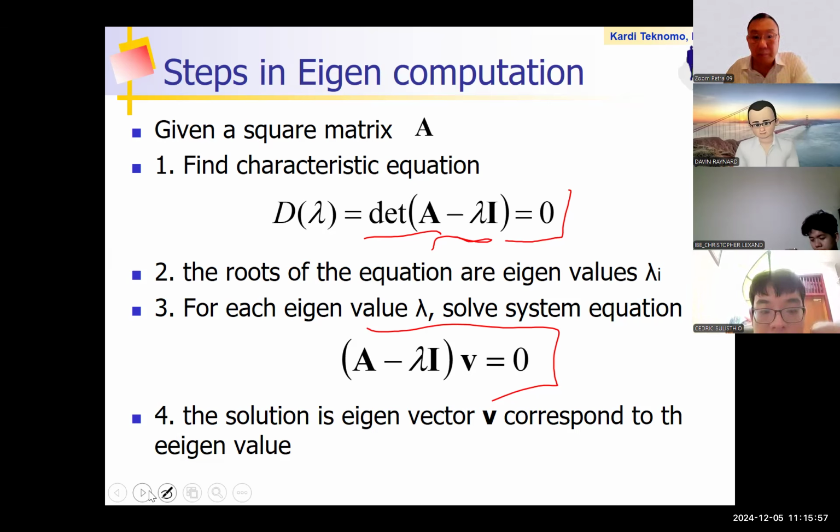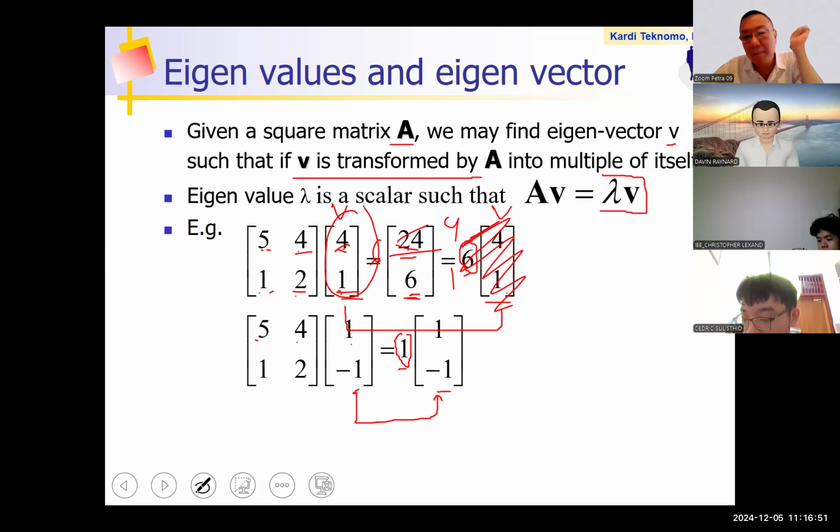And then 1 times 4 plus 2 times 1 is 6. Now I put it out. 24 and 6, I put out 6 in here. So this one becomes 4 and this becomes 1, which is exactly the same as this one. Correct or not? Okay, sir. Clear, yeah? Clear, sir. Thank you, sir.